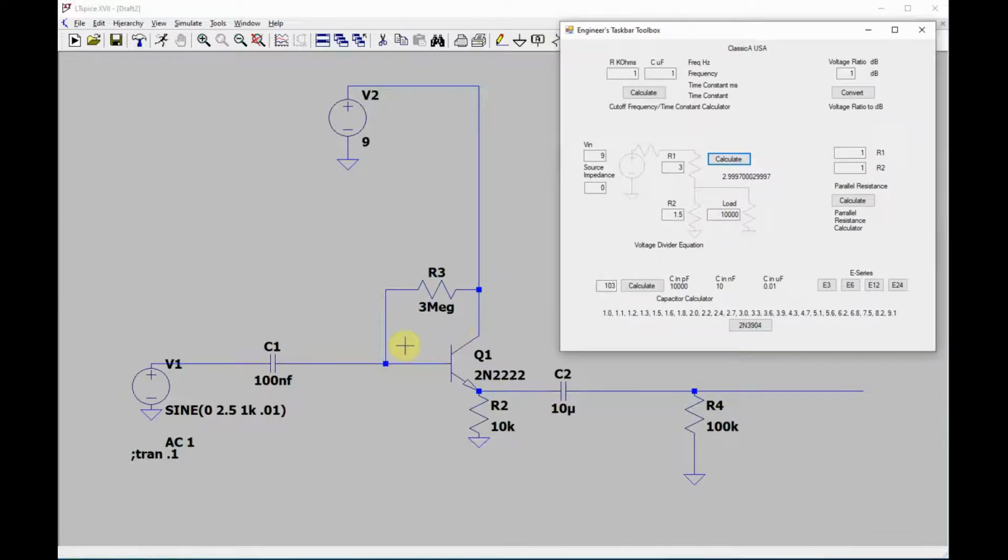And the other thing that happens is, let's look at this here. If you have a 3 meg resistor and 1.5, what I'm saying is this is 3 megs along input impedance this way, and for a low value transistor you get 1.5 megs across this leg. Calculate parallel resistance.